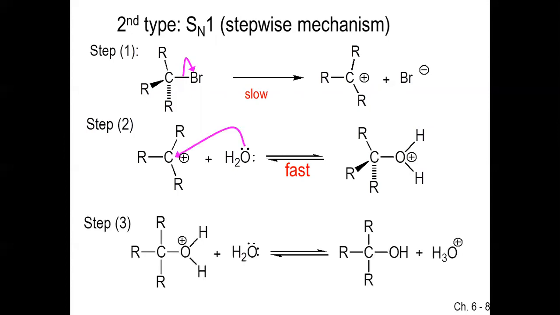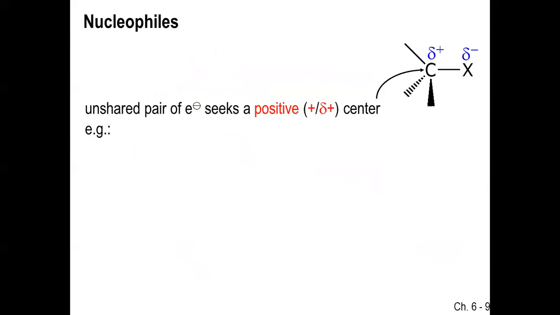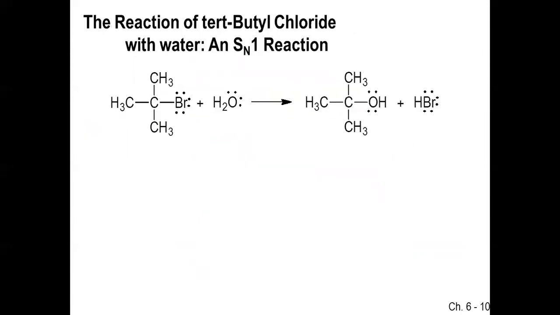Step 3 is removal of a proton to form a stabilized alcoholic product. Nucleophiles, with an unshared pair of electrons, seek a positive center. So these are the nucleophiles. These are negatively charged nucleophiles and these are neutral nucleophiles.